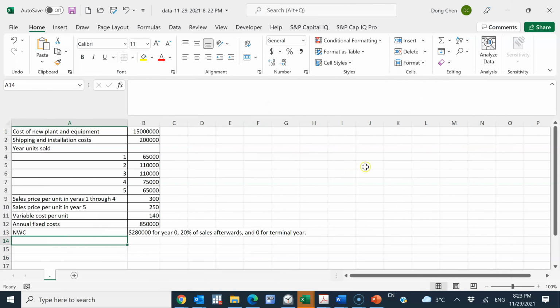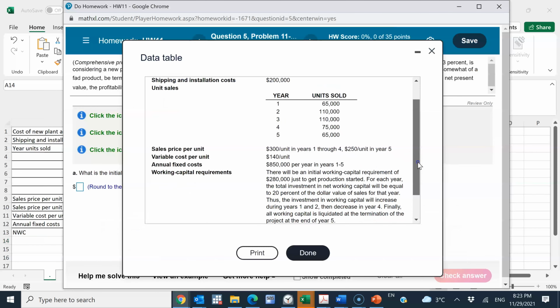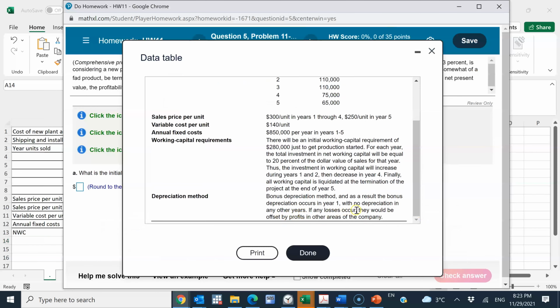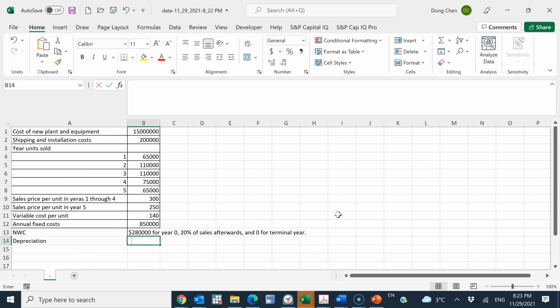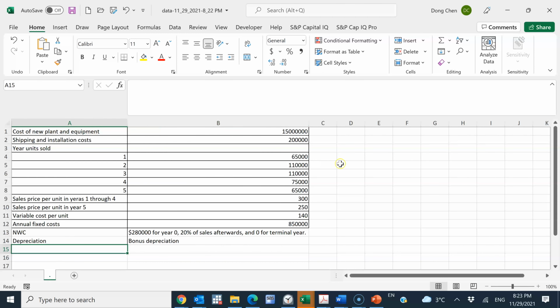And the depreciation method is the bonus depreciation method, which means all the depreciation happens in year 1. That's what this bonus depreciation here means. It's due to the 2017 new tax law.